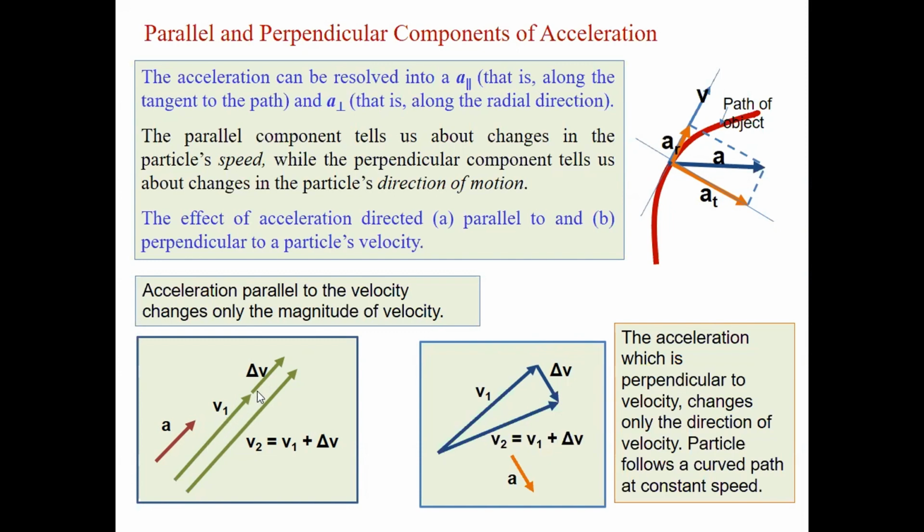V1 plus delta V added together forms V2, and it is the change in the magnitude. However, acceleration which is perpendicular to the velocity only changes the direction. This is the V1 vector, and it is changing only its direction, not the magnitude. Since its direction is changed, delta V appears. So the particle then follows the curved path at a constant speed.